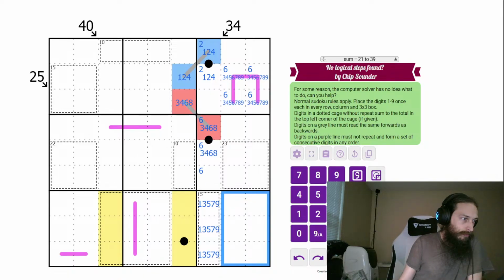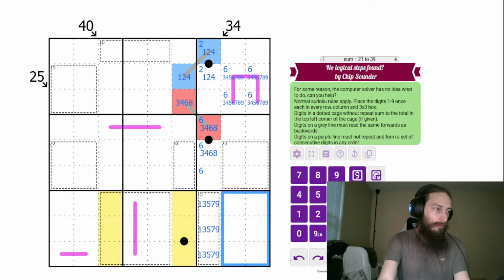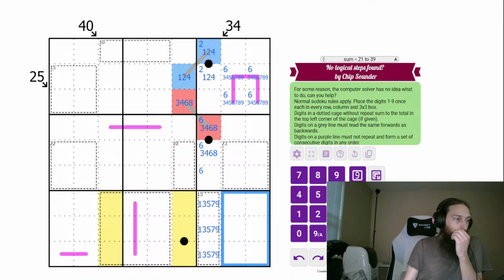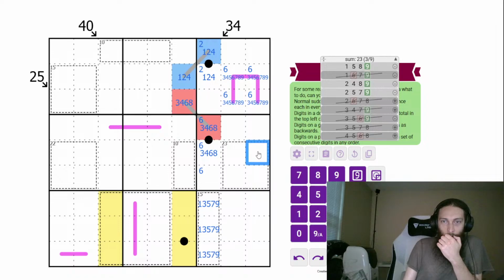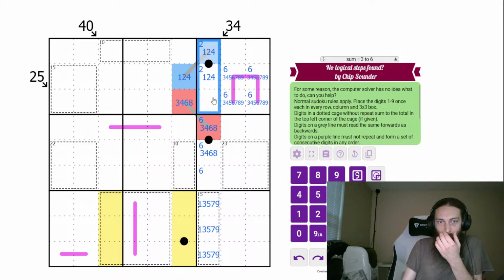So, 2, 4, and 8 would put 2, 4, and 8 up here, which would make this 3 and 6, which is fine.